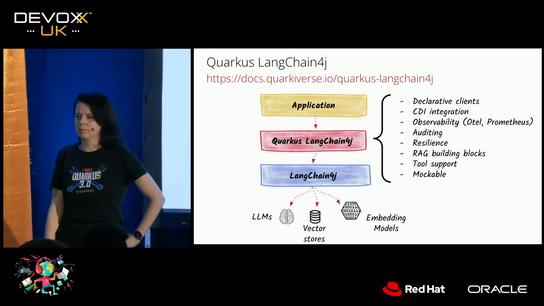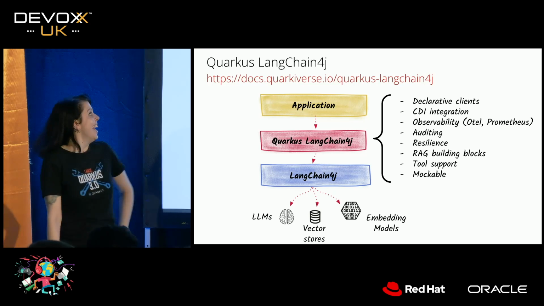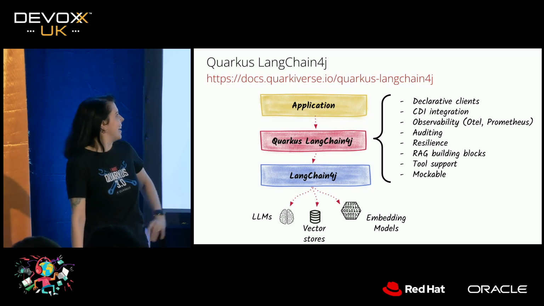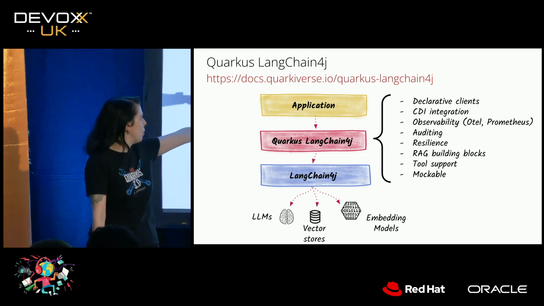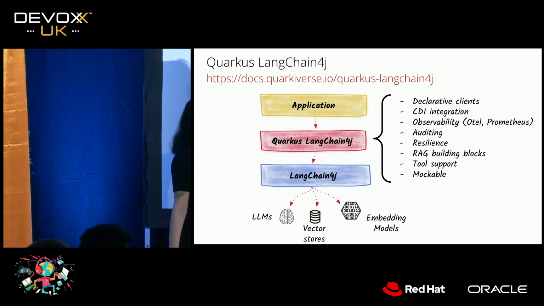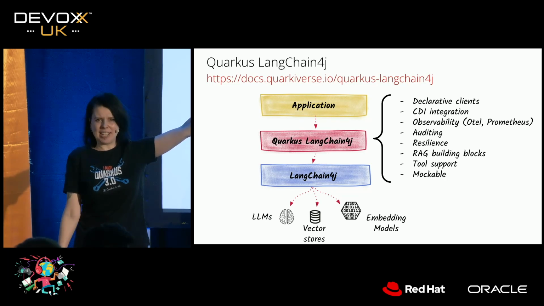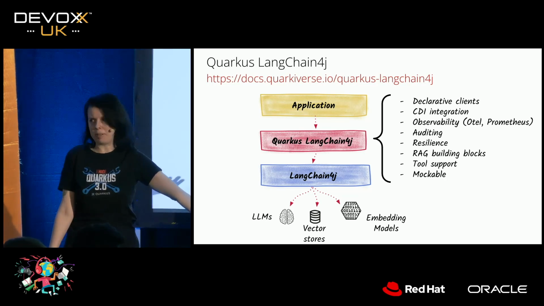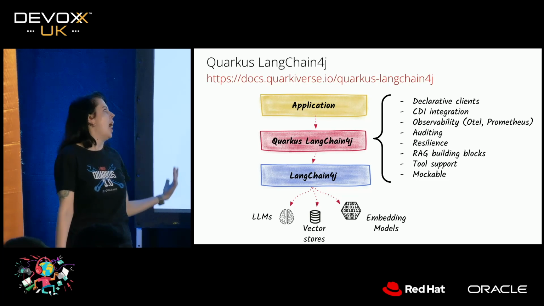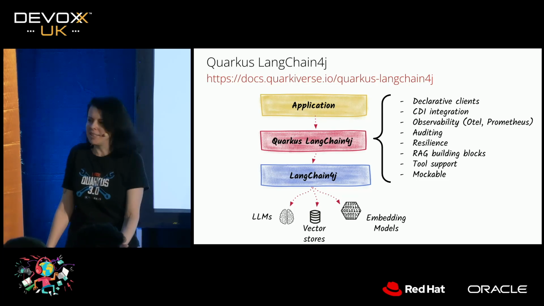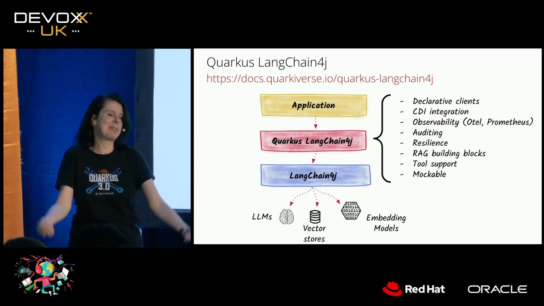We can see here what exactly some of those things are. You've got your LangChain4j, and then what Quarkus is giving you is stuff like, I don't want to actually initialize this. I would just like it to be injected into my application via CDI. I would like my resilience, because I care about resilience.